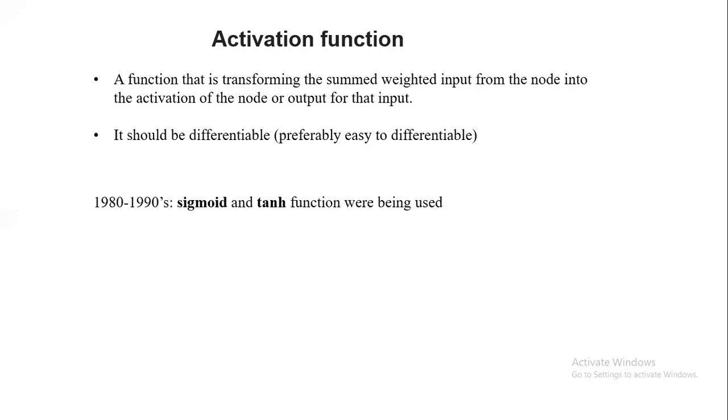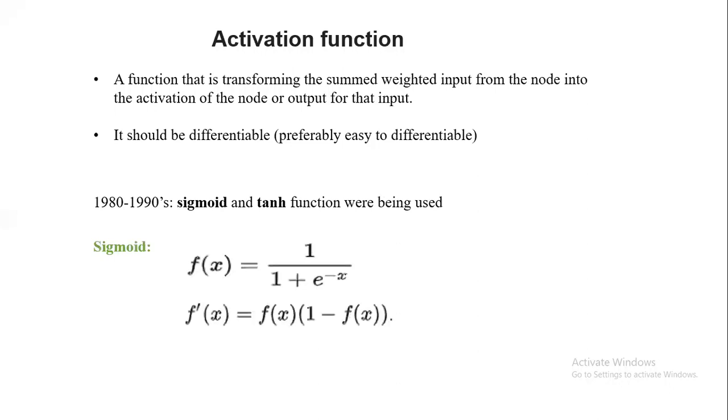In 1980 to 1990, sigmoid and tanh functions were being used as activation functions in neural networks. The sigmoid function looks like this, and this is the gradient of the sigmoid function, and it is very easy to calculate. That's why this function was being used in 1980 to 1990.